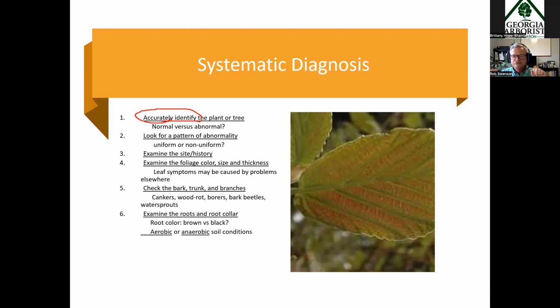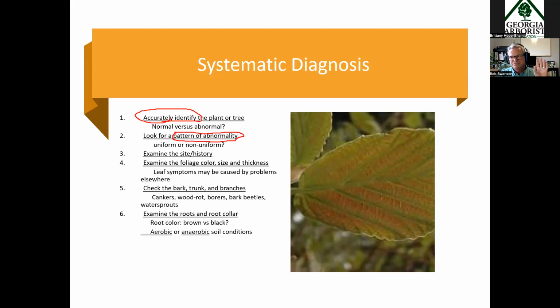Is it uniform throughout the whole canopy, or is it just the tips, or it might just be one branch? So this pattern of abnormality is a big issue. So how is it exhibiting the disorder?